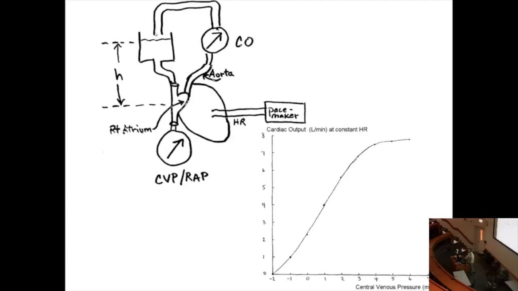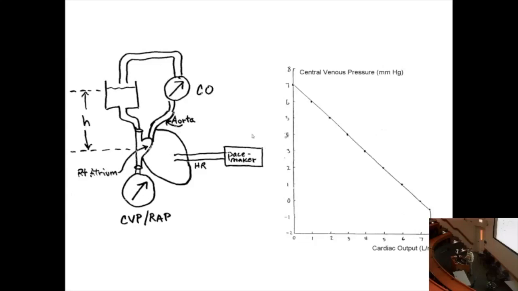If I change the venous pressure by changing the height of this reservoir, I increase the central venous pressure, I increase filling, and if I measure the cardiac output and the stroke volume, it goes up. And it looks like this relationship.